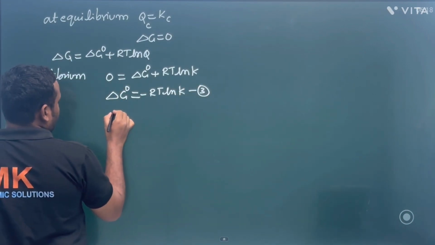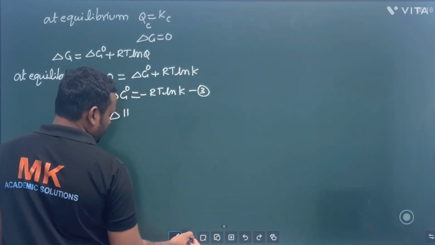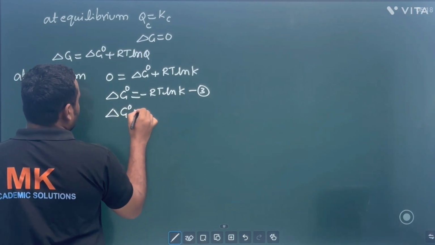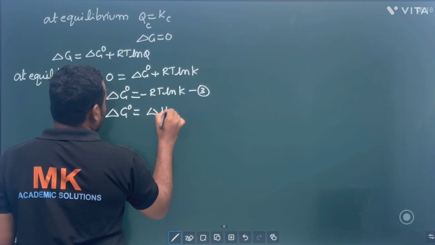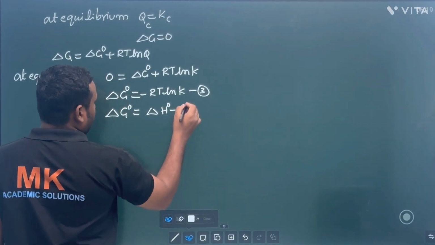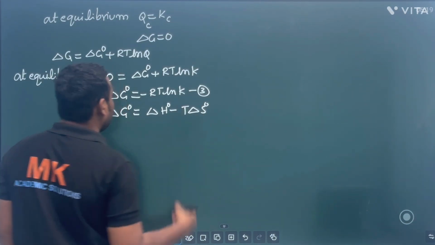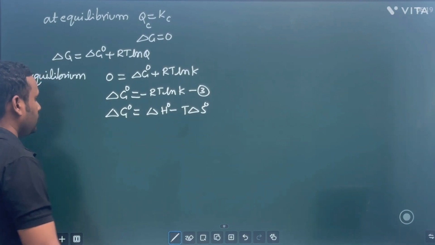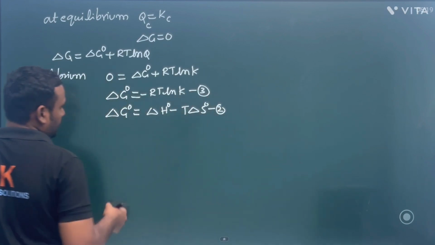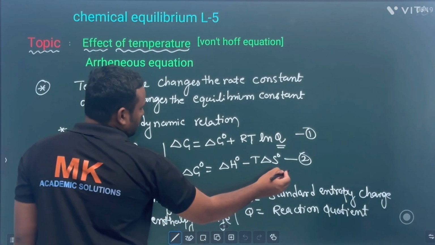And we know one more relation, that is delta G naught is equal to delta H naught minus T delta S naught. Okay, these are the things we know. This is the second equation from the previous one.